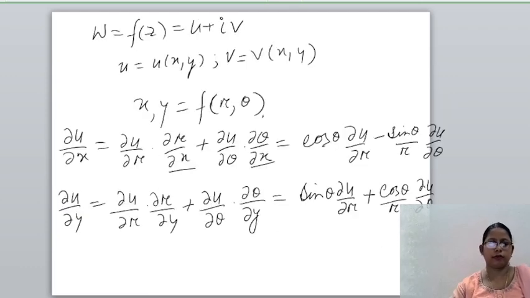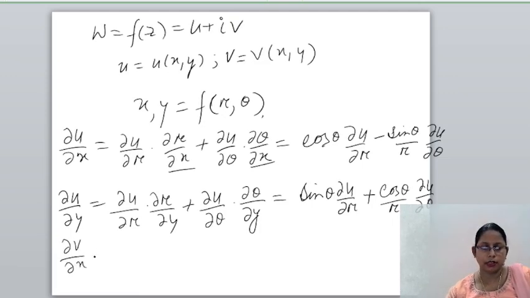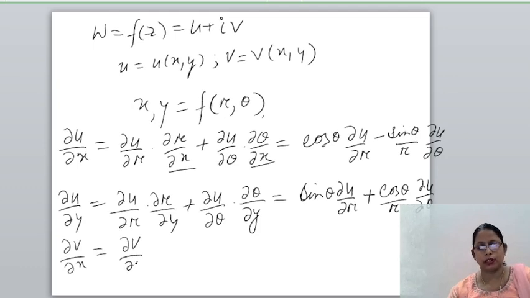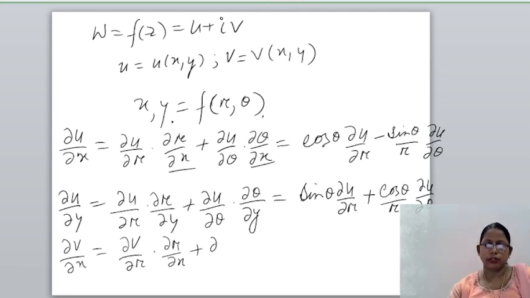Again, del v by del x is equal to del v by del r times del r by del x, plus del v by del theta times del theta by del x. Here v is a function of x, y, and x, y is a function of r, theta.